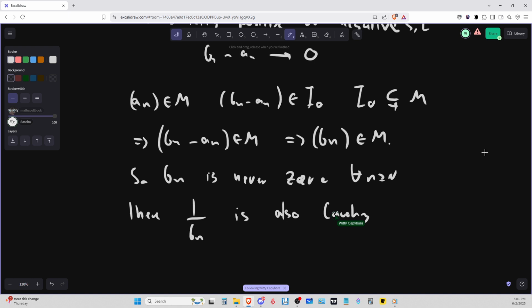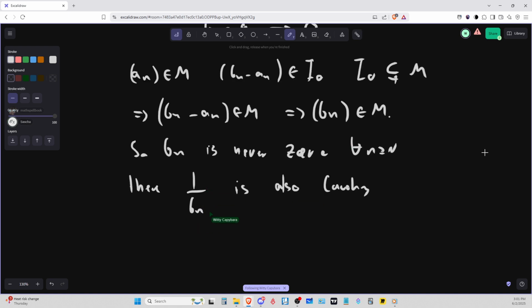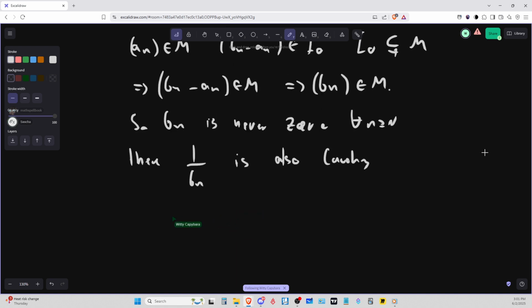And this would be a problem because if 1 over Bn is Cauchy, then I can multiply the two together, right? So I would have Bn times 1 over Bn. This sequence will just be the sequence which is equal to 1.